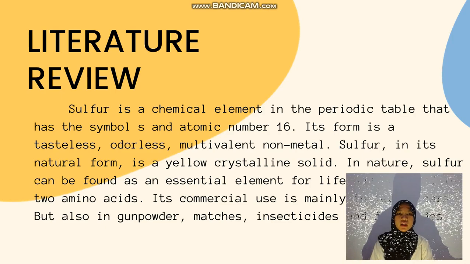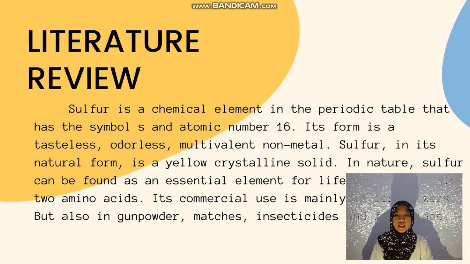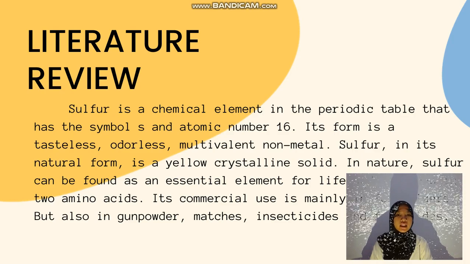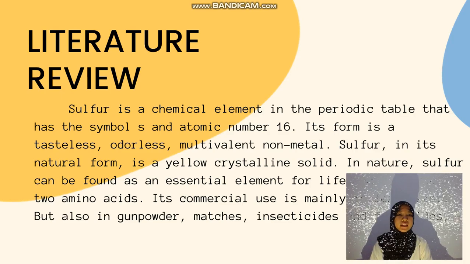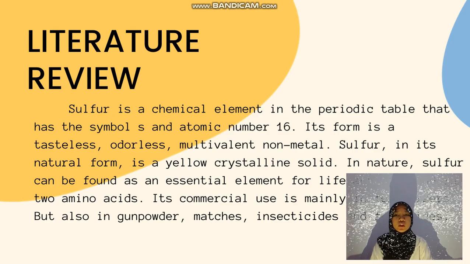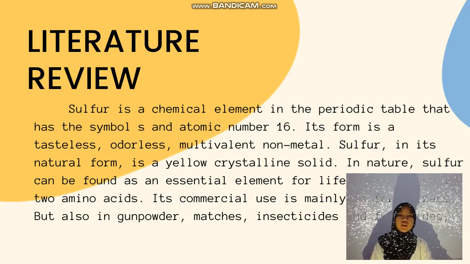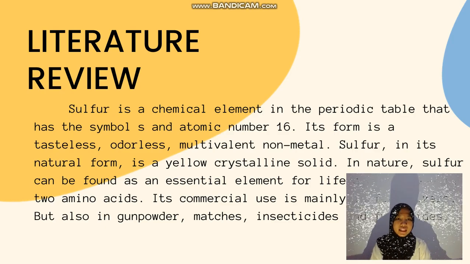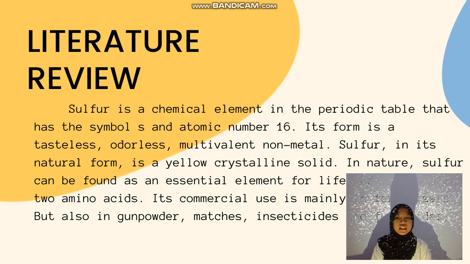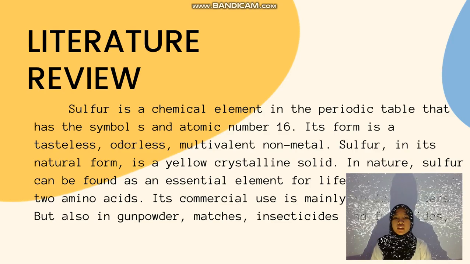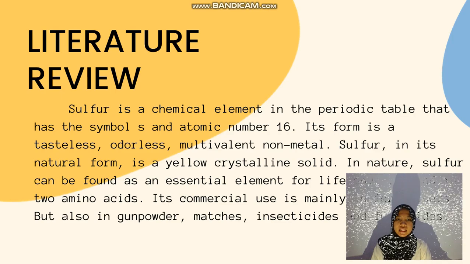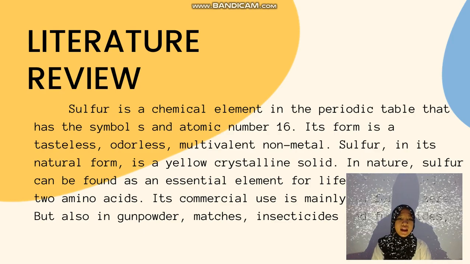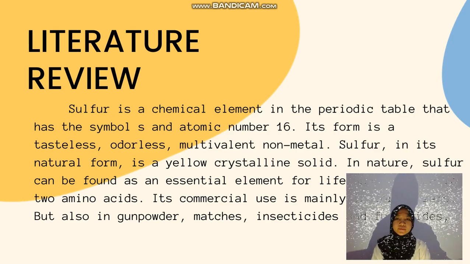In nature, sulfur can be found as an essential element for life and is found in 2 amino acids. Its commercial use is mainly in fertilizers, but also in gunpowder, matches, insecticides, and fungicides.